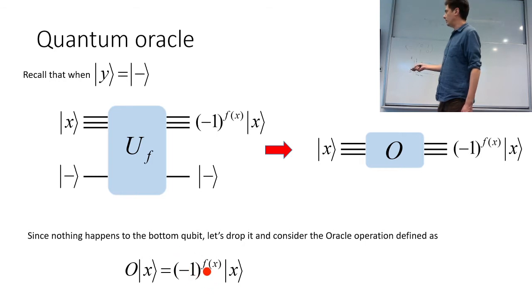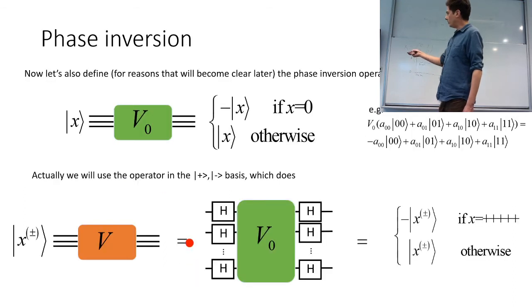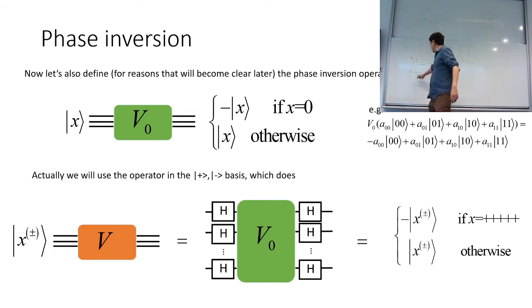So, depending on f of x, you'll have a different distribution of minus signs. But this one is always just on the state where x is 0. And by the way, when I write x is 0, I mean this state, 0, 0, 0.